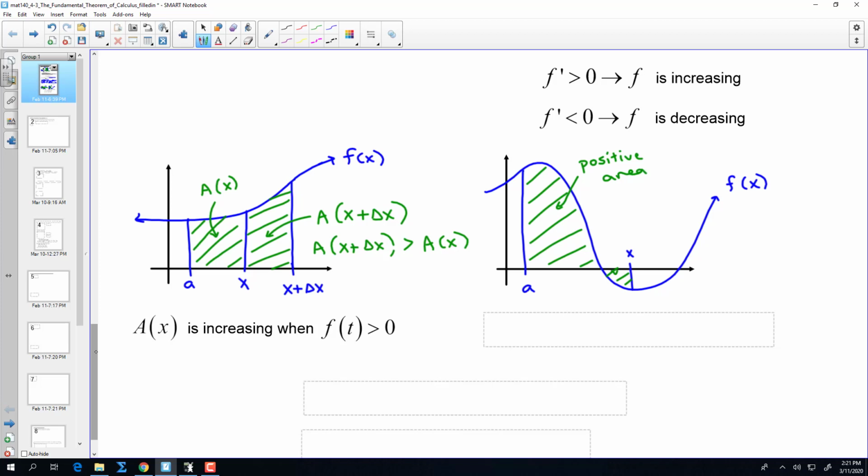This part is negative area. And when you combine positive area and negative area, they cancel each other out.